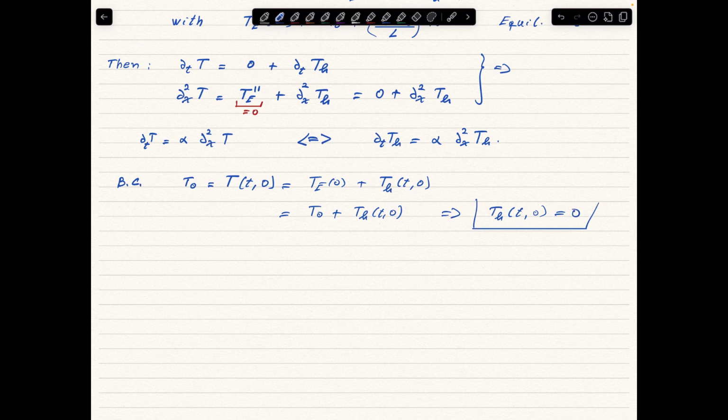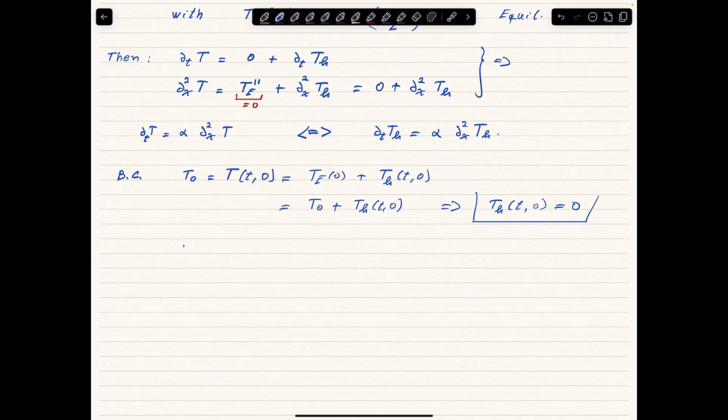And a similar calculation on the other side of the boundary says that if we put the L here, this has to be the temperature for all times at x equals L. But this is the temperature of the equilibrium solution at L plus the temperature of the TH at L, but by construction this is TL plus TH of L. So just as before, this cancels that, and the temperature TH at this side of the bar L also has to be 0.